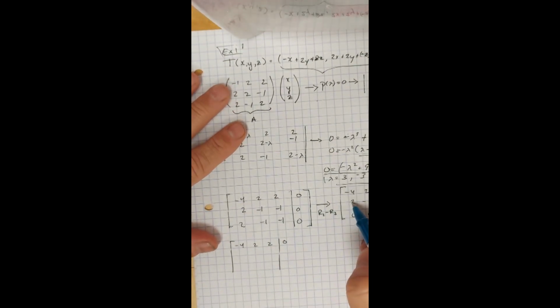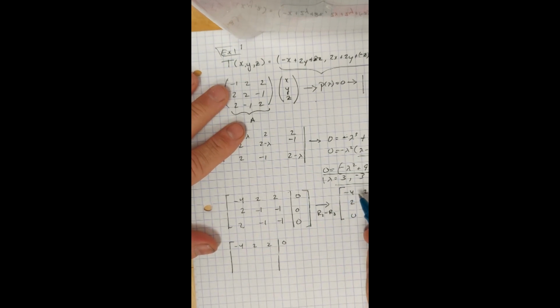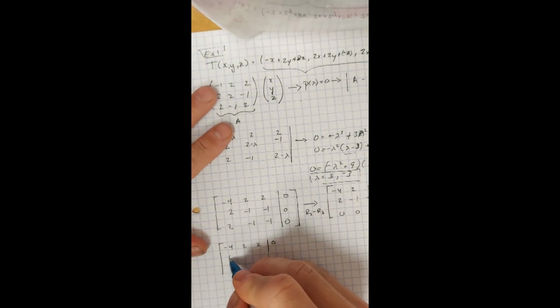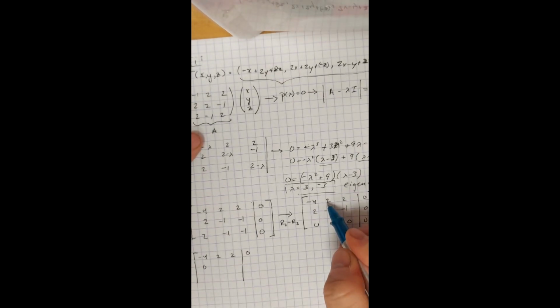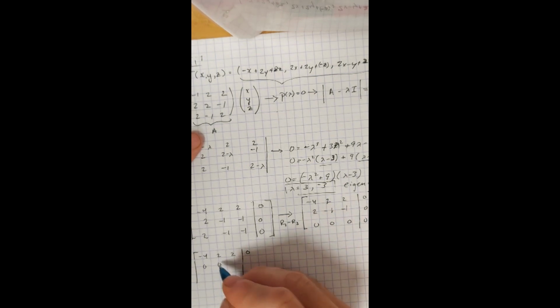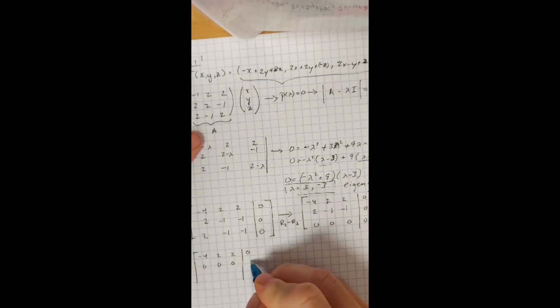Okay, so 2 times row 2, that's going to be 4. Add that to a -4, so this is going to be 0. 2 times row 2, make that a -2, and I'm adding that to row 1, so that's going to make that 0, and likewise make that 0 and that 0.